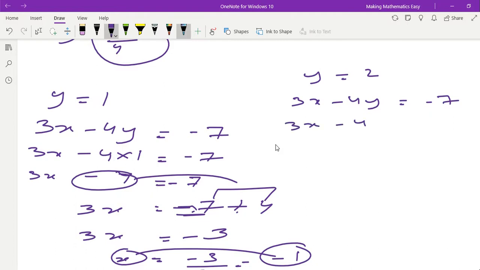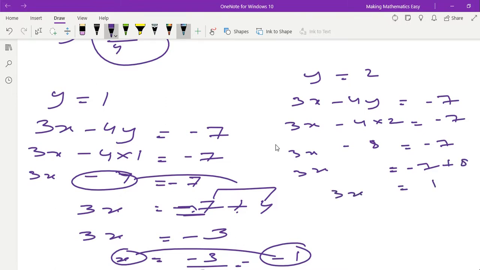So this will be 3x, this will be 4 into 2, this will be 8 minus 7, 3x, this is minus 7, this minus 8 will become plus over here, so this will be positive 1, this is 3x, x will be 1 upon 3, 1 upon 3 is 0.33. Okay, so 0.33 and 2.